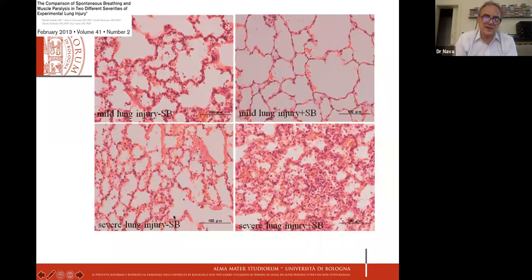Severe lung injury, totally dependent on the ventilator: the transpulmonary pressure is the pressure more or less applied on the vent. Here you ask the patient to breathe while he's mechanically ventilated, and he has severe lung injury. Here is a mess, you can see. Here is the total destruction of the alveoli, leading to what the authors claim is self-inflicted lung injury.